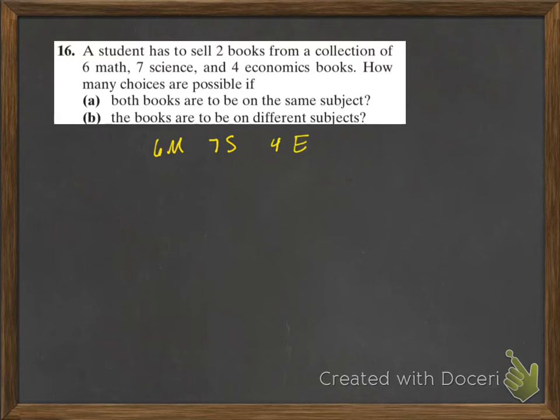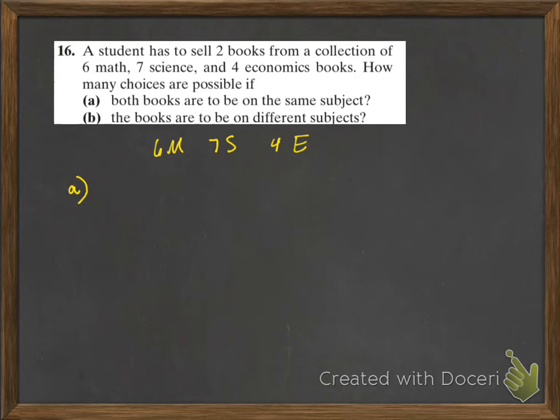How many choices are possible if both books are to be of the same subject? Well, this is an or situation, so it's a choice and not a step, right? So when we complete steps, remember, we multiply along the line of steps. When we have choices, then we add them. We add the separate cases that could occur.